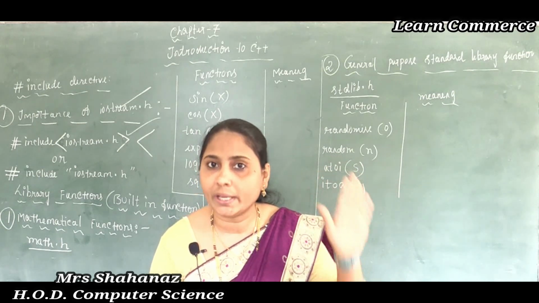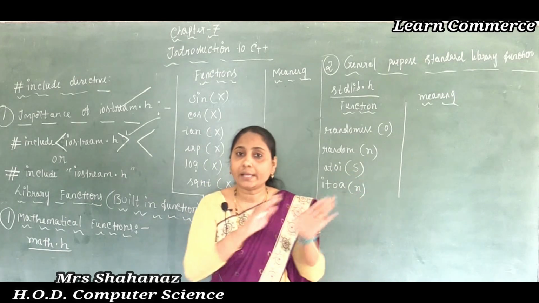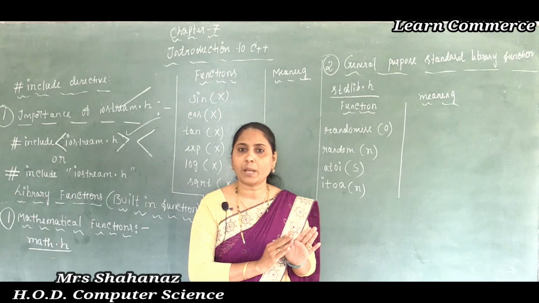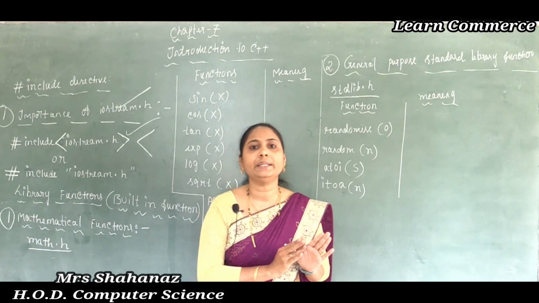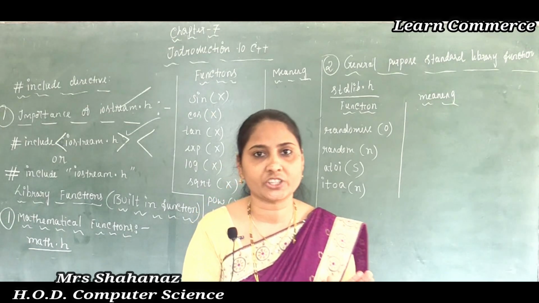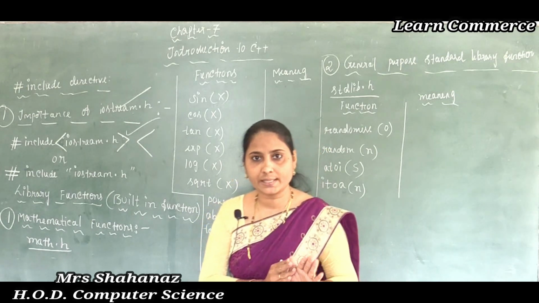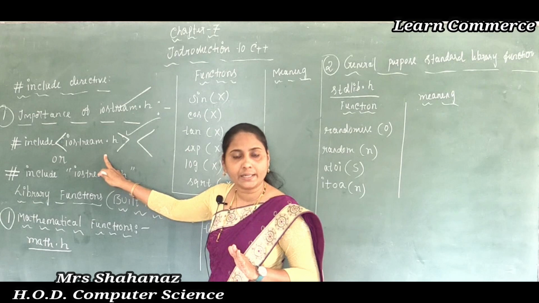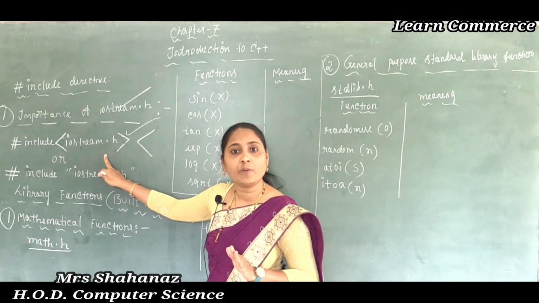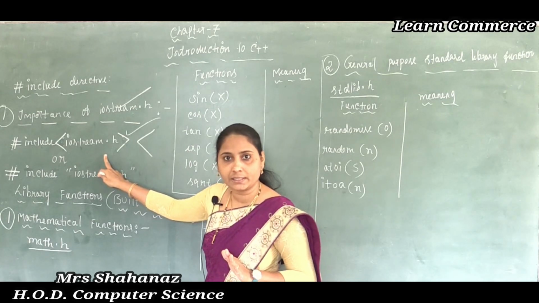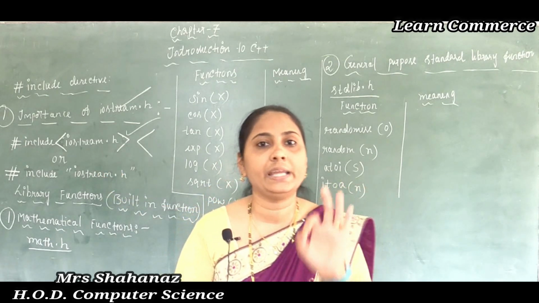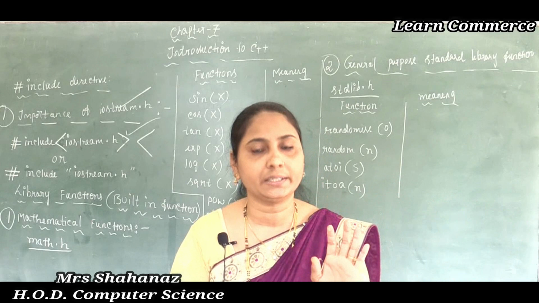Sometimes we include a file that resides in a directory like our standard directory, and sometimes such a file resides in a directory like our current directory. Clear this point here? So when you use the header file in angle brackets, the file is going to reside, it is going to be stored in our standard include directory or the standard directory here.